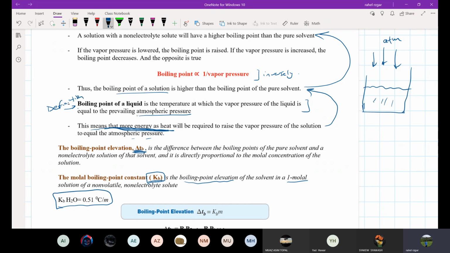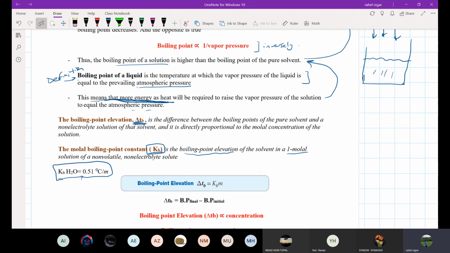In here it's positive. Why? Because it's elevation, it's increasing. So if for 1 molar it's 0.51, what about for another molar? We multiply it by that molar. And delta TB is equal to KB times molality. Same thing, just like delta TF. Instead of KF, KB times molality, just like delta TF, delta TB equals the boiling point of final minus initial.